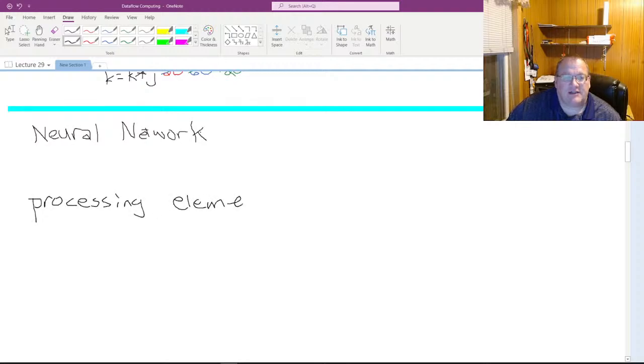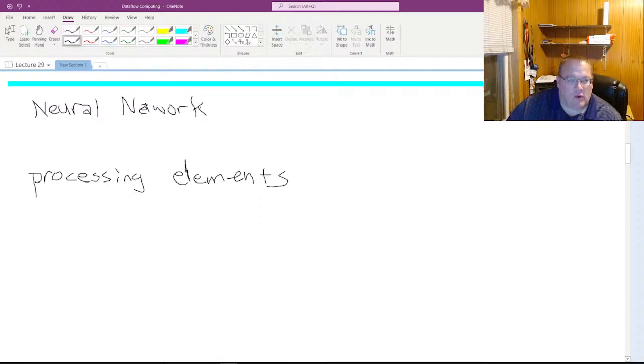Now these are specialized, though. So I'm going to draw a thing here, but these are specialized. So let me explain how they work, at least a little bit. So what a processing element does is it takes in one or more inputs. Actually, it needs to be more than one. It takes in several inputs, so it could be two or more, and then it uses those to inform, let me back up.